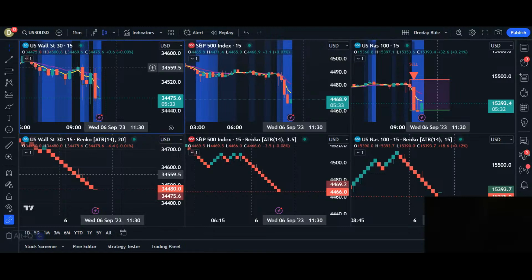Since my sessions usually finish at 11, maybe around 10:55 I could take partial profit and just let the rest run until the end of the day. Or if you look at the higher time frame on the Renkos or on your chart and you see a continuation in the market, you could keep the partial profit on for longer.